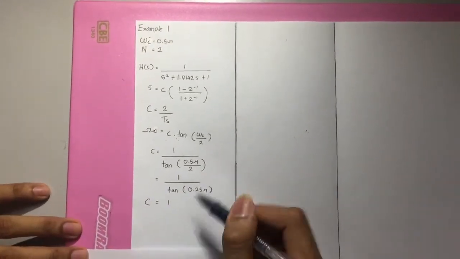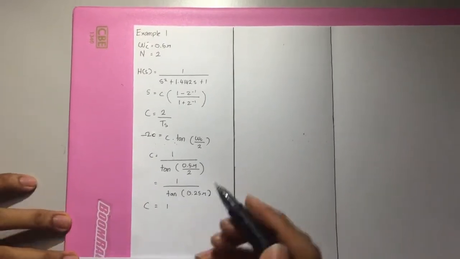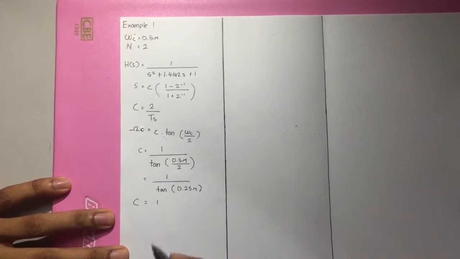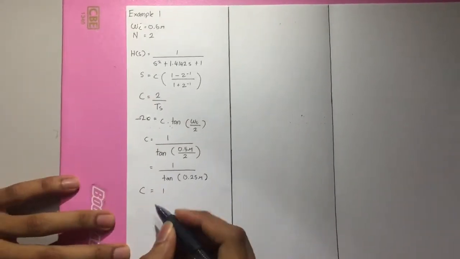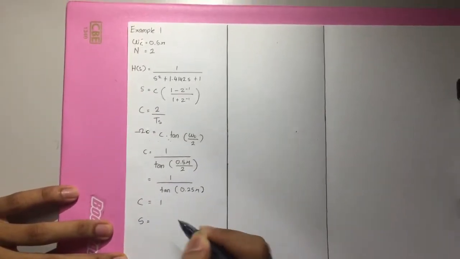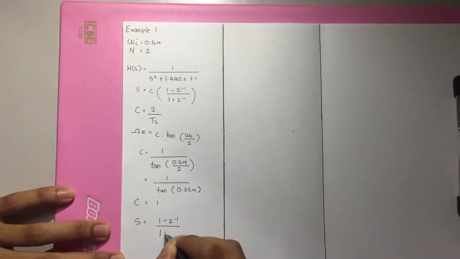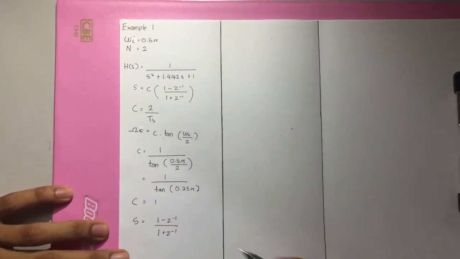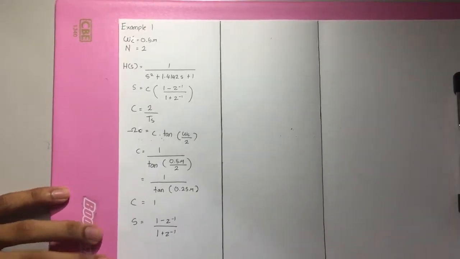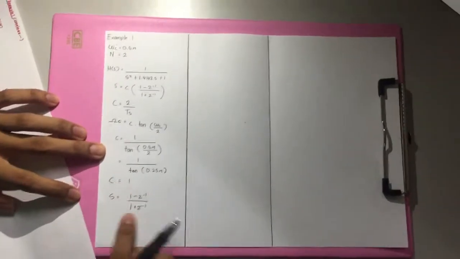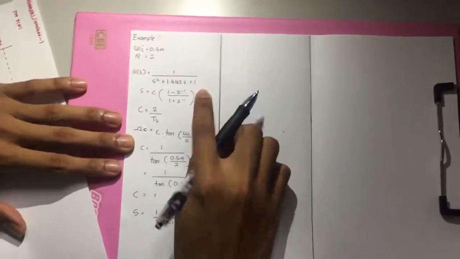And then from this we substitute the C inside the formula here. So S becomes 1 minus Z inverse over 1 plus Z inverse. Okay, then we're going to substitute this equation into the transfer function.